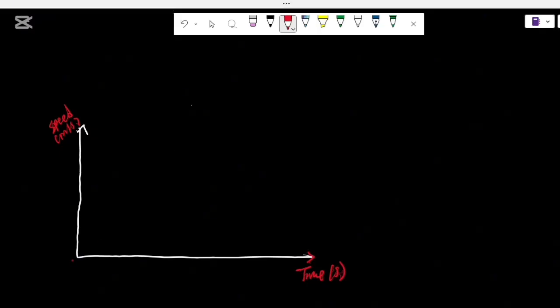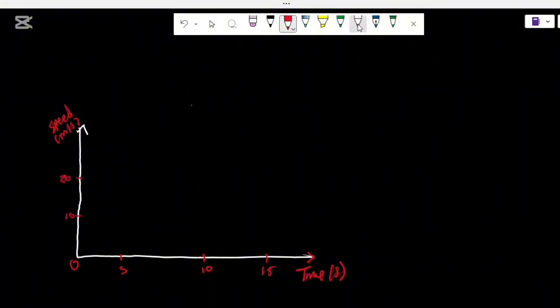And here we can have 0, here we can have 5, here we can have 10, here we can have 15. And let's just say that we have 10, and here we can have 20.